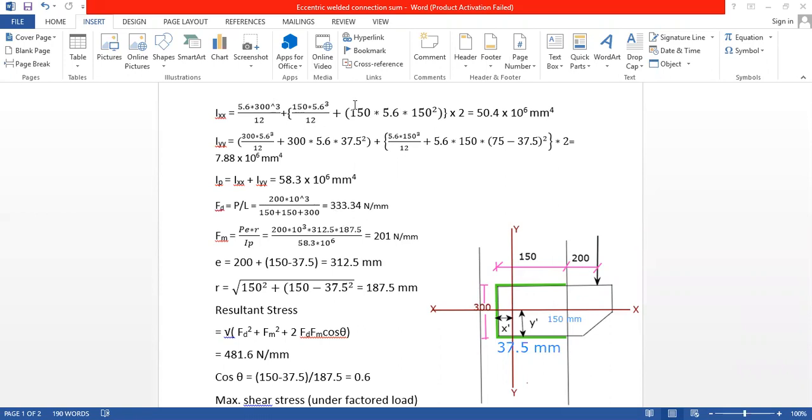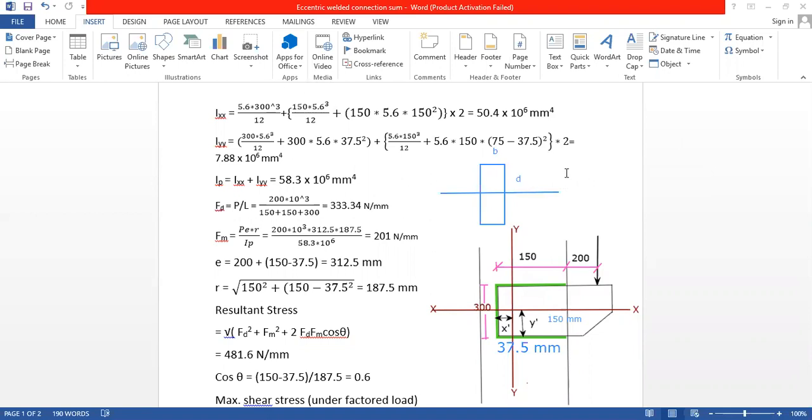So the formula for moment of inertia for a rectangular member: suppose this is my rectangular member, and if an axis is cutting this member along this dimension, suppose this is B, and this dimension is D. Okay, so what is my formula?